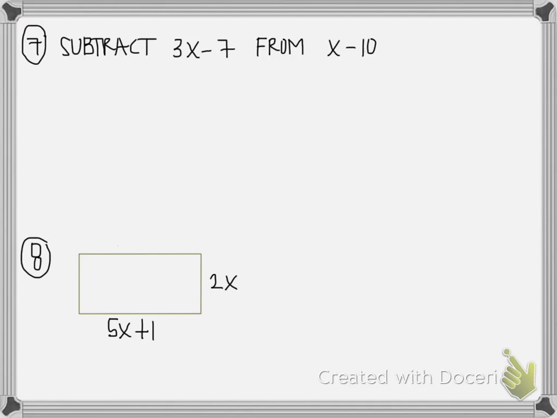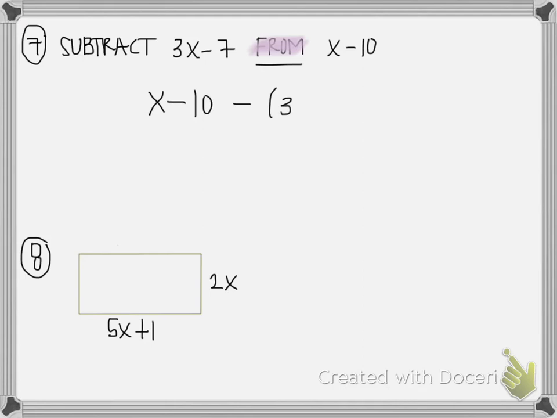Okay, so let's do some word problems and just some thinking problems. So if I said subtract 3x minus 7 from x minus 10, okay? So I'm going to take 3x minus 7, I'm going to subtract it from that x minus 10. So that means whatever's after the from, I'm going to put in the front. So I'm going to say x minus 10, and I'm going to subtract this whole 3x minus 7.